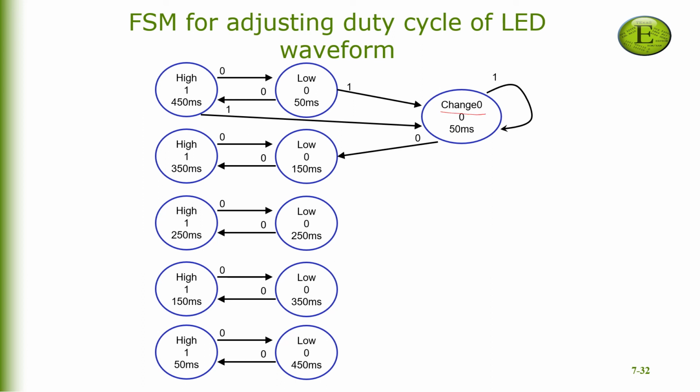So what happens is that we have labels on the arcs that we did not discuss in the previous slides, because there was no need for labels, but in this case they are very important.